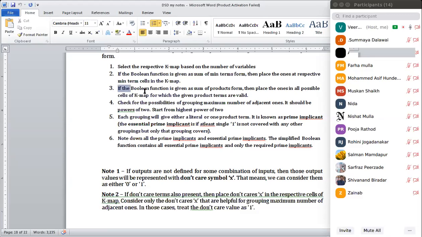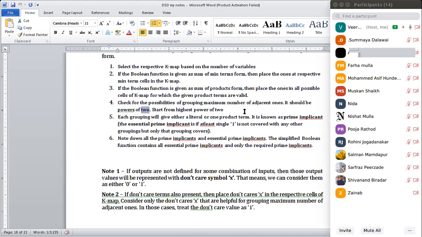If it is SOP, we need to place 1 in the K-map. If it is POS, product of sums, we need to place a 0 in the K-map. Then check for the possibility of grouping the maximum number of adjacent ones. So it should be powers of 2: 2 raised to 2, 2 raised to 3, 2 raised to 4.